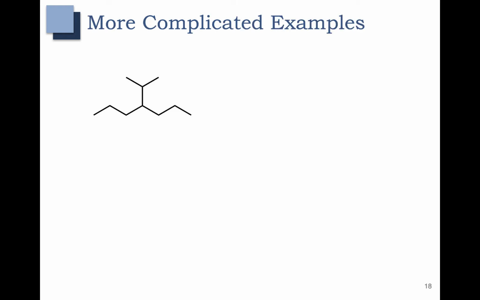Let's look at a couple more examples. Here we have our parent chain. This is 1, 2, 3, 4, 5, 6, 7 carbons in length. So we have a heptane. It doesn't matter which way we number, we're going to get the substituent on the same number, 4.